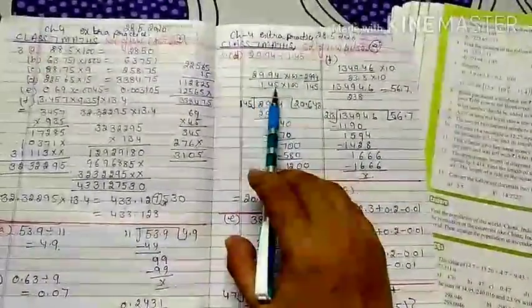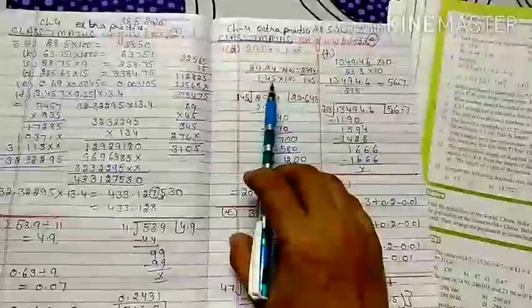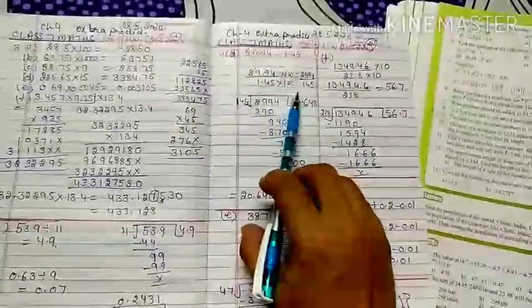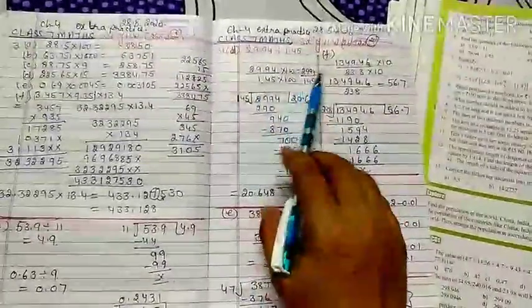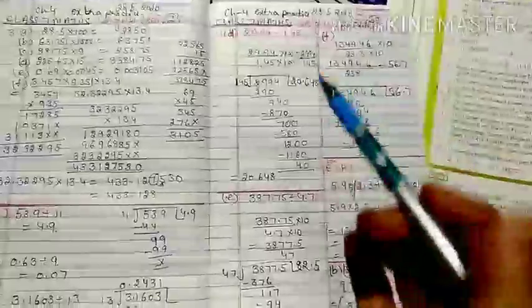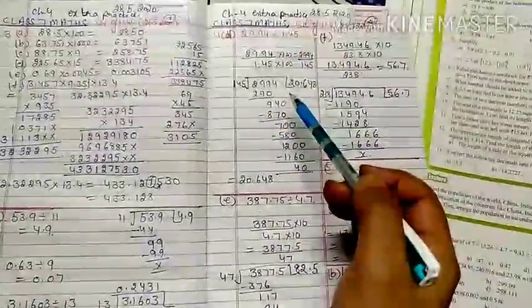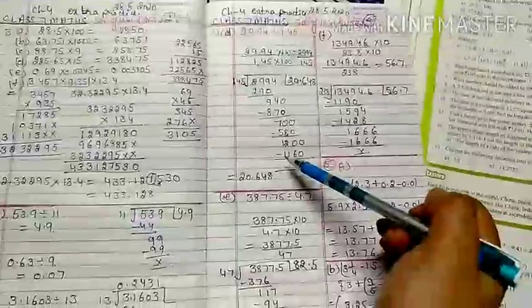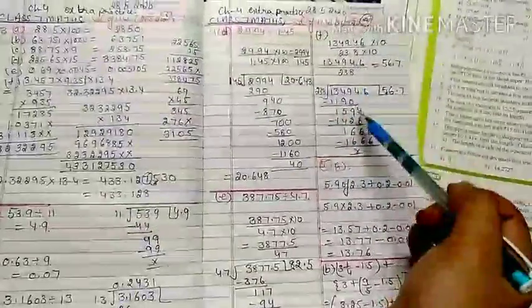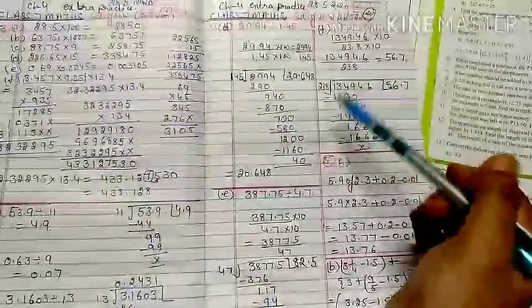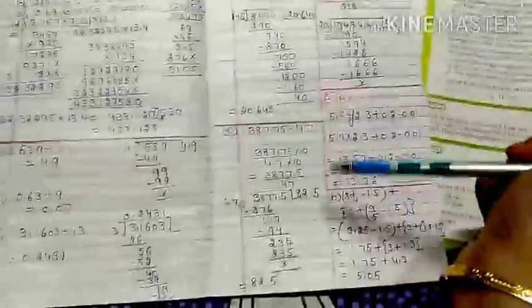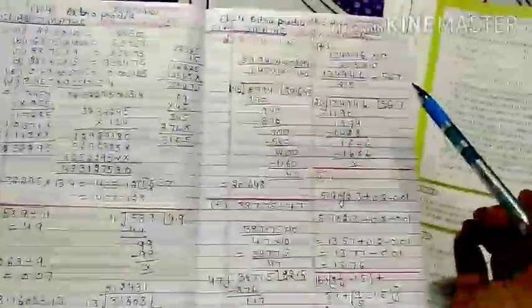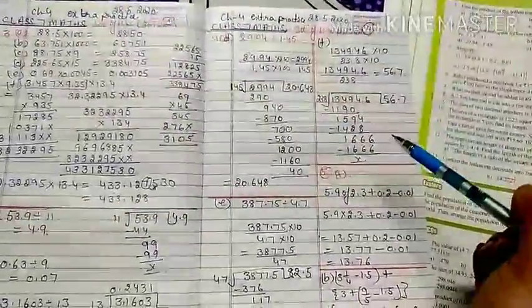First you have to remove the decimal in the denominator, so you multiply by 100, that gives you 145 and 2994. When you divide 2994 by 145 it gives you 20.648, so that is your required answer. Similarly, the E part you get 82.5, and the F part you get 56.7.